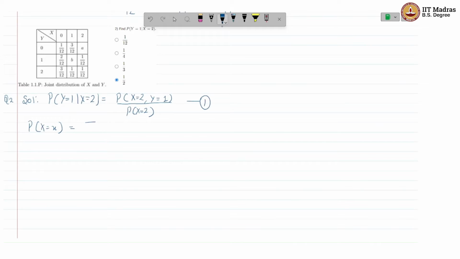So this will be equal to the summation over y belonging to the domain of Y of P(x, y). For calculating the marginal X is equal to 2, this will be the sum of probabilities of all possible xy pairs where X is equal to 2 and y takes different values. So basically, from the table, we'll add the probabilities of this column right here.